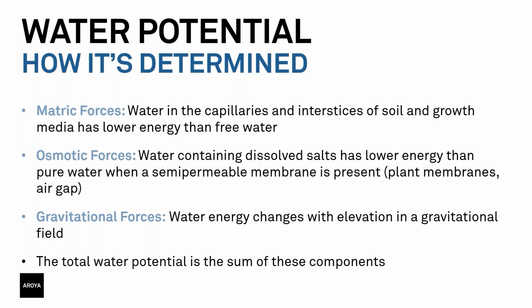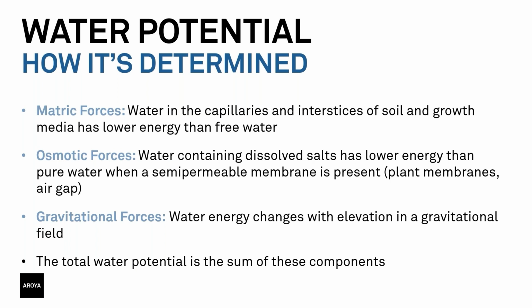A second important membrane is an interface with air. Water can evaporate and cross that membrane. Solutes can't evaporate, so they're left behind. Now, gravity always needs to be taken into account in determining the water potential, especially in the kind of substrates we'll talk about today that have large pores in them.